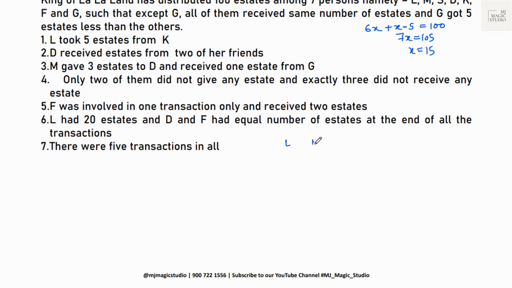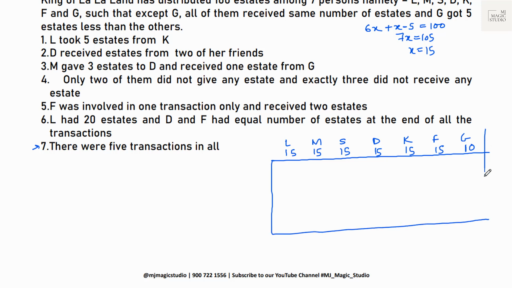So we have L, M, S, D, K, F, G. Everyone is getting 15 each, and G is getting 10. Now something is happening. Once I go through this quickly, I saw that there are 5 transactions in all.